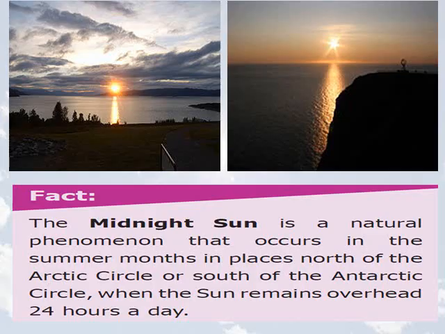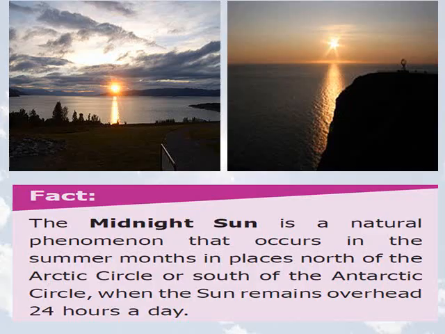It's a natural phenomenon. Phenomenon. P-H-E-N-O-M-E-N-O-N. Phenomenon. A phenomenon is a fact or an event in nature. That is something which we cannot fully understand. So midnight sun is a natural phenomenon that occurs in the summer months in places north of Arctic Circle or south of Antarctic Circle.